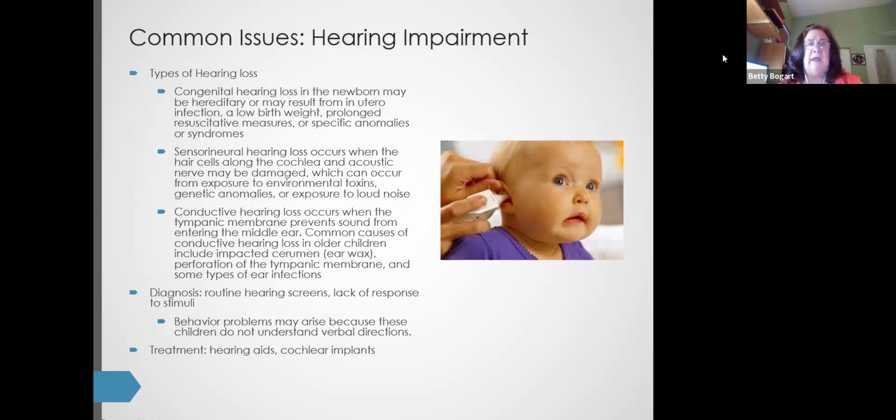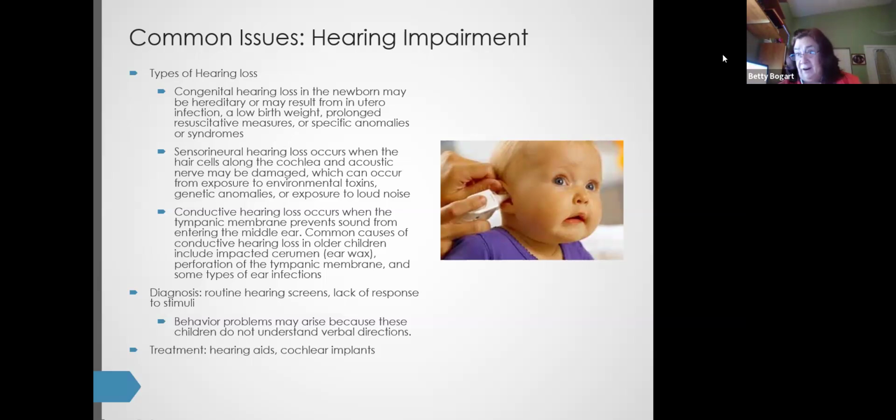So, how do we do this and diagnose it? Well, number one, we're going to be doing just routine hearing screens. Infants, they all get hearing tests before they're discharged today, newborns. And then if we're seeing this is going on where you're calling a child, making loud noises, and the child's not responding, especially young infants, that's when you always suspect hearing loss.